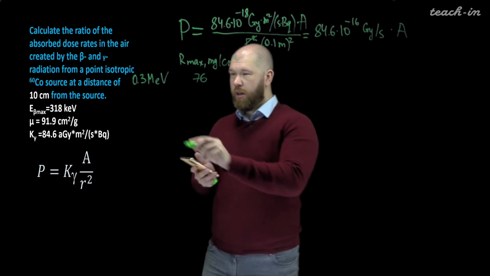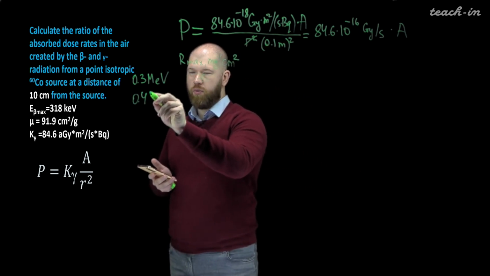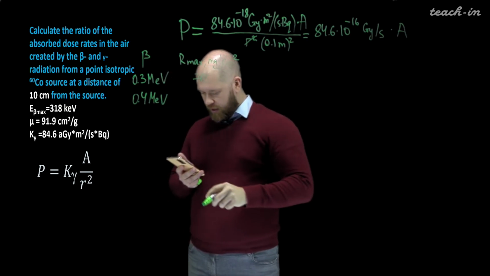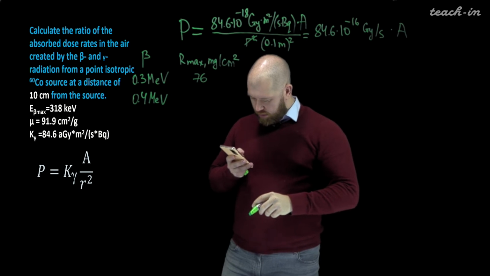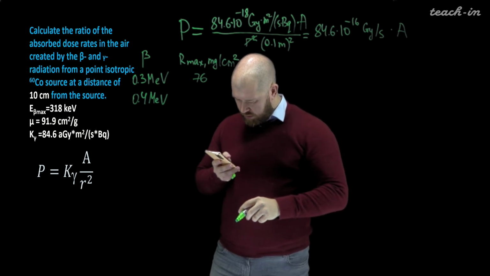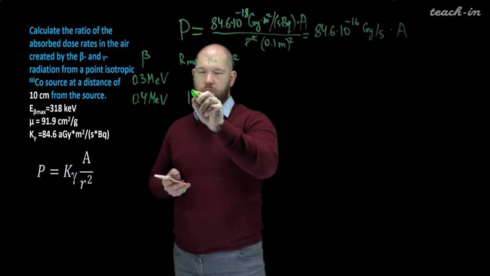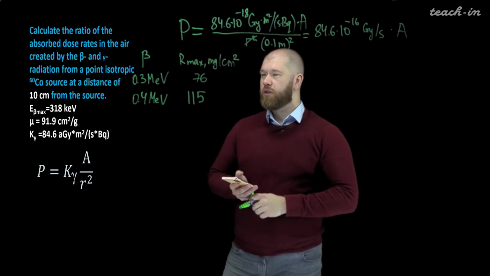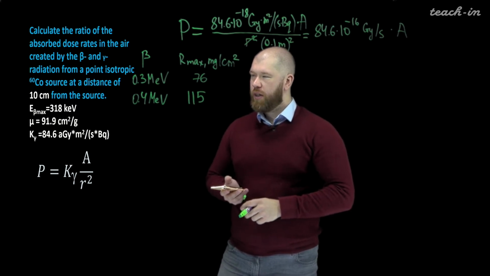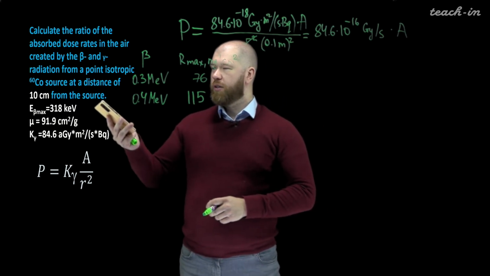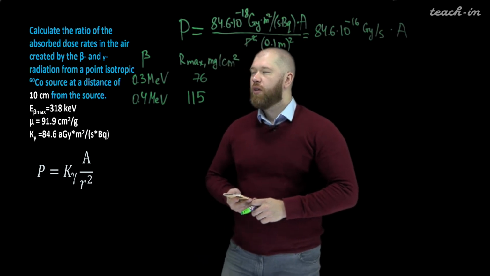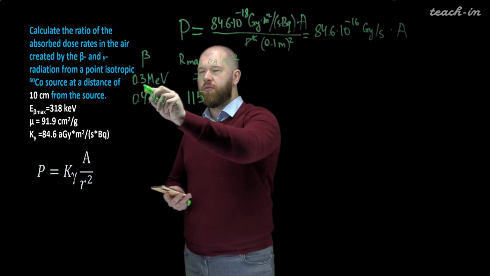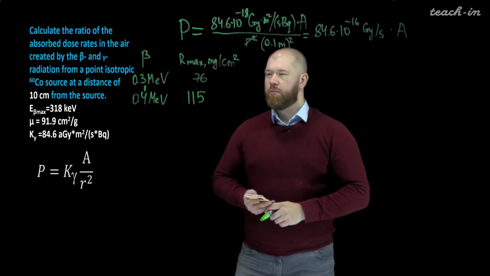And for energy of 0.4 mega electron volt, so it's energy of beta particles, the maximum range is equal to 115 milligram per squared centimeter. And we have a maximum energy of beta particles that is equal to 318 kilo electron volts, so it's something in between these two numbers.